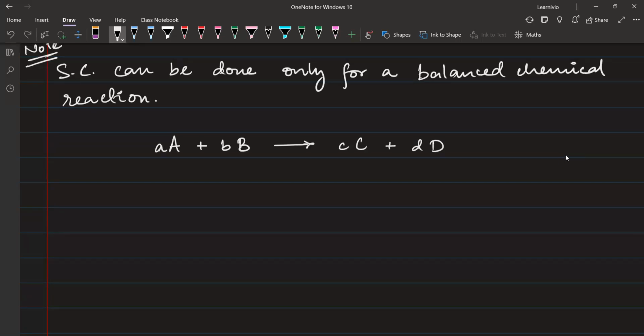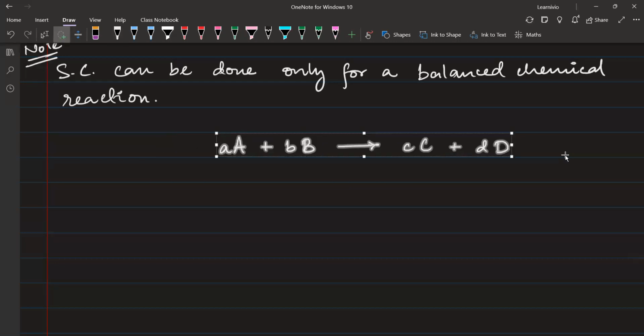Now, there are various ways in which we can talk about these reactions. First of all, you must be very clear: small a is a coefficient, and the capital letters are chemical species. Give me a thumbs up if you are able to get this point. Small a, b, c, d will be numbers.